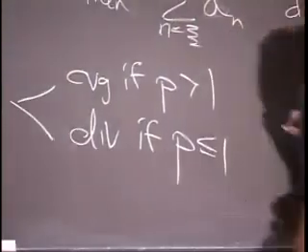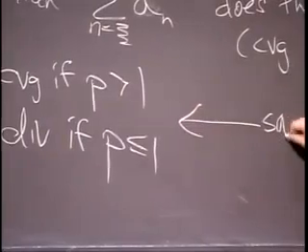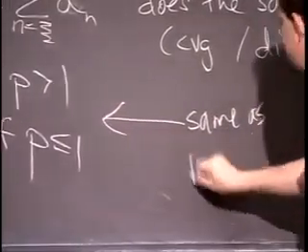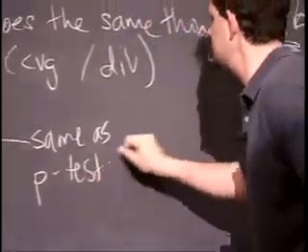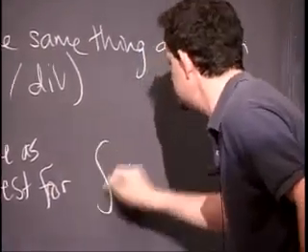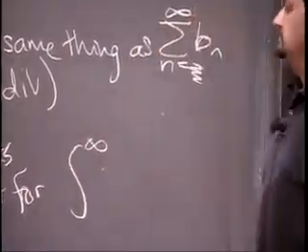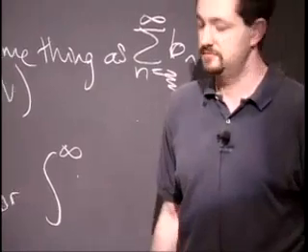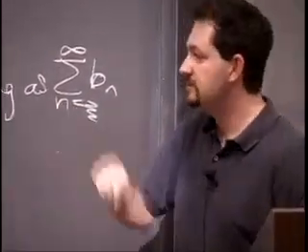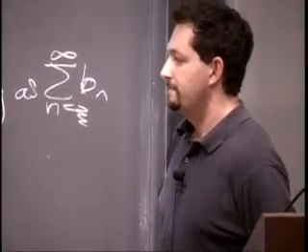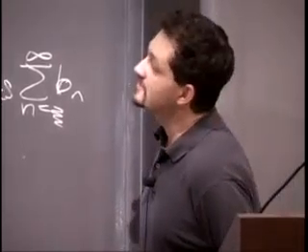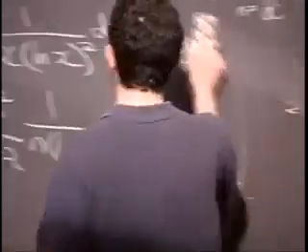This is the same as the p-test for improper integrals at infinity, not at 0. That was the other form of the p-test. We don't need it here. Those three things together are enough to solve all of the problems in the category where they can be solved, namely the ones where they would also work for improper integrals. So we better look at a whole bunch of them.